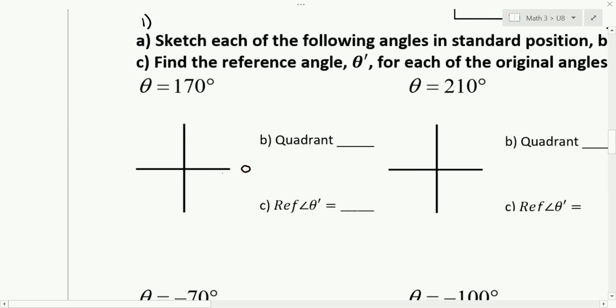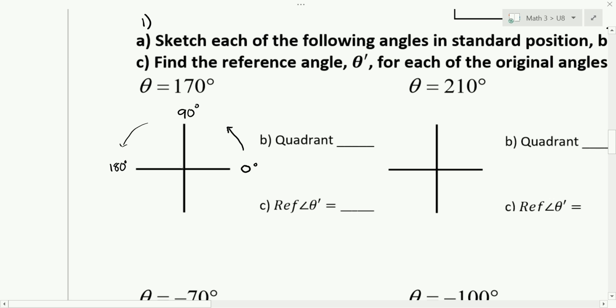So if I want to sketch 170 degrees, this is always the starting spot right here. Positive x-axis, that's my 0 degrees. 170 is positive, so I'm going to move in the counterclockwise direction. Here's 90 degrees. Half circle would be 180 degrees. And I've already gone a little too far, right? 170 is somewhere between 90 and 180.